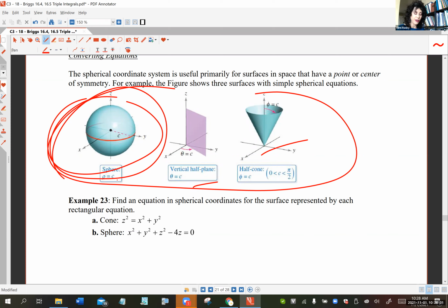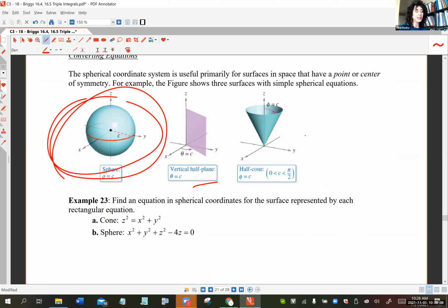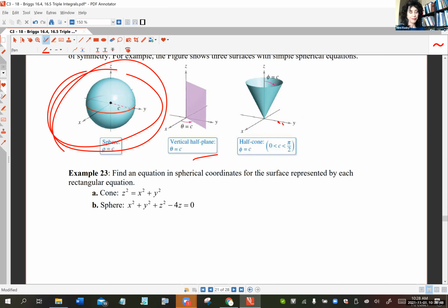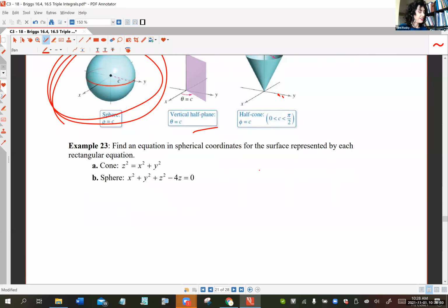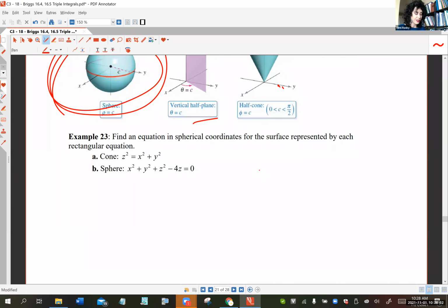Cones, well, you can convert to spherical, but it's a little bit more challenging than converting to cylindrical. So when I see a cone, I tend to convert to cylindrical. That's just my personal preference, but it lends itself to either. So let's do some converting equations now.